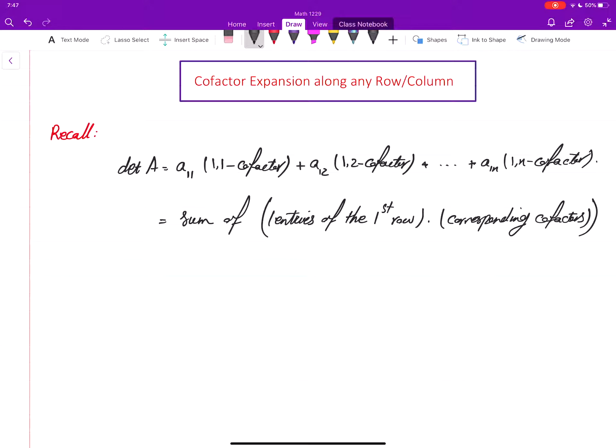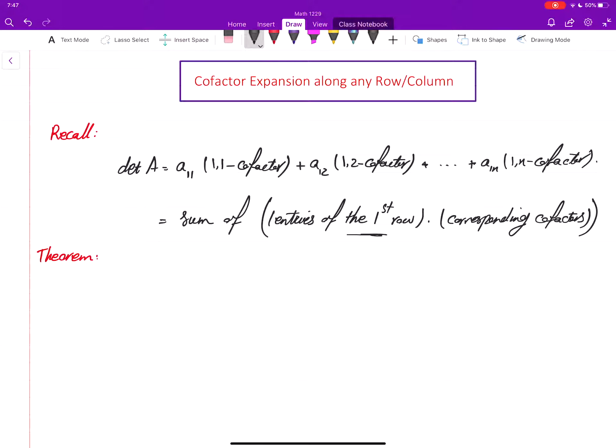Well, there is a theorem which says that you don't always need to find the determinant by cofactor expansion along the first row.